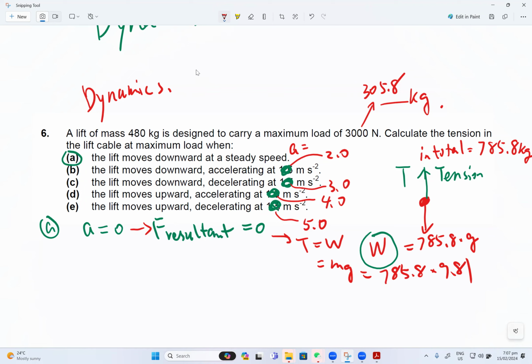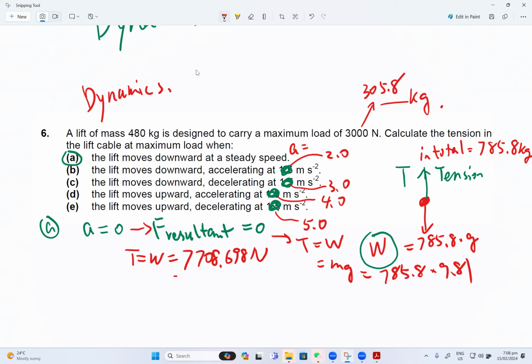So the answer for A, same as last week. Barry, what's the answer for A? Which is 7,708.698 Newton.